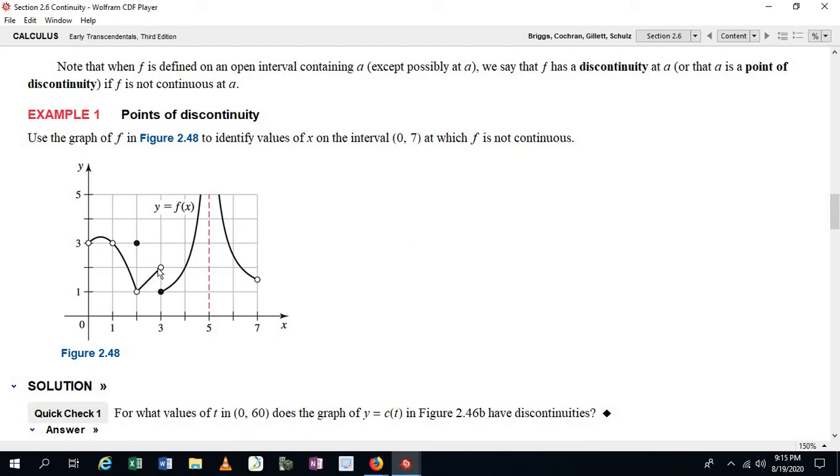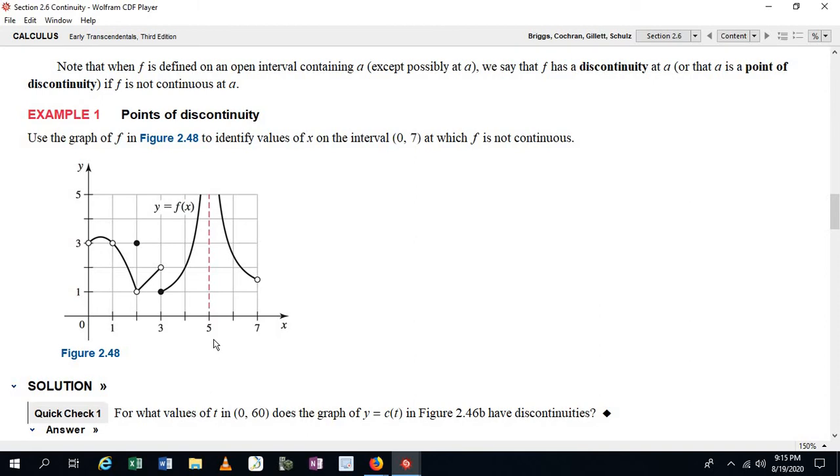And then it's also discontinuous at 3 because I have to lift up my pencil to draw this point. And then at 5 because I'd have to lift up my pencil to go across this asymptote. So it looks like, at least intuitively, it's discontinuous at 1, 2, 3, and 5.